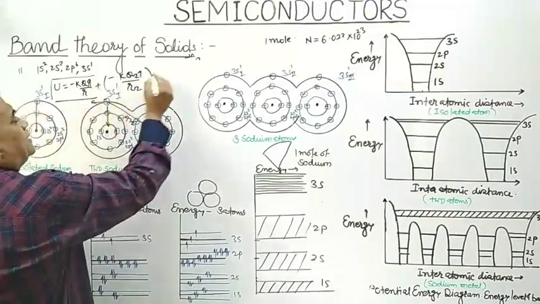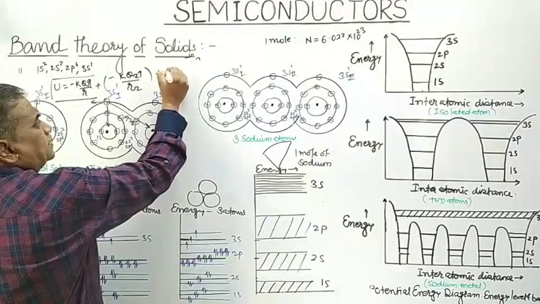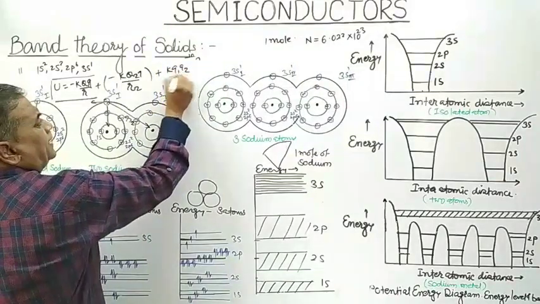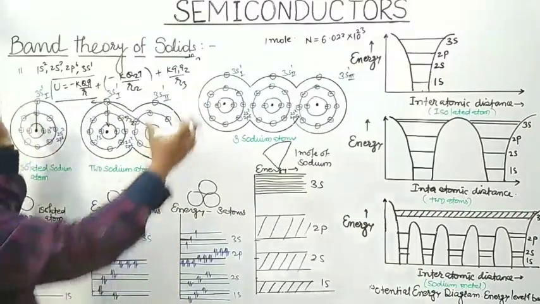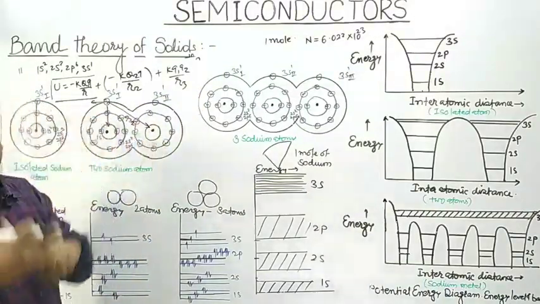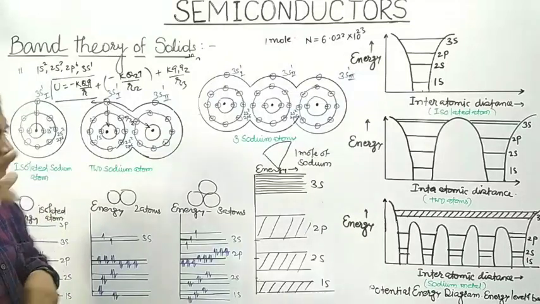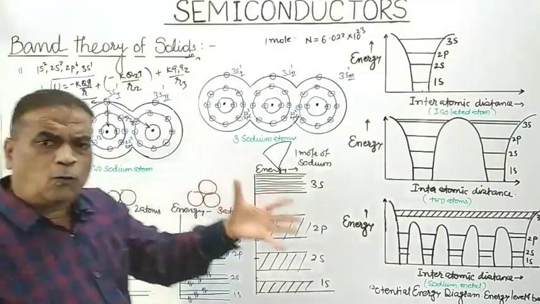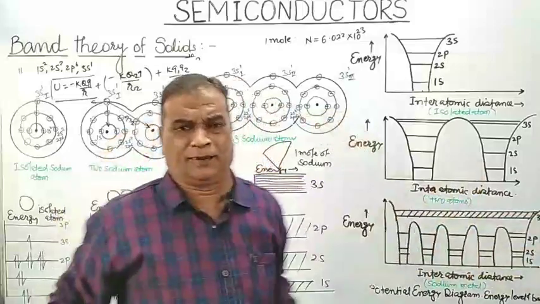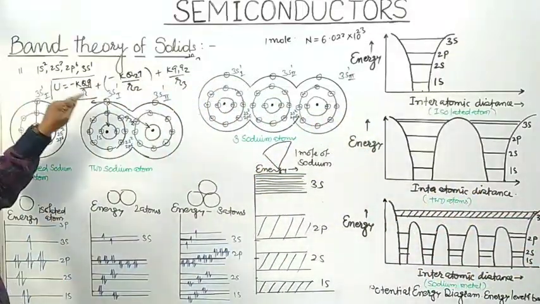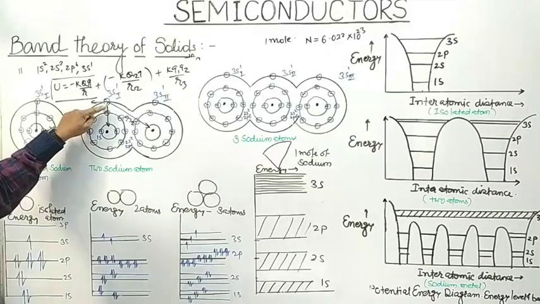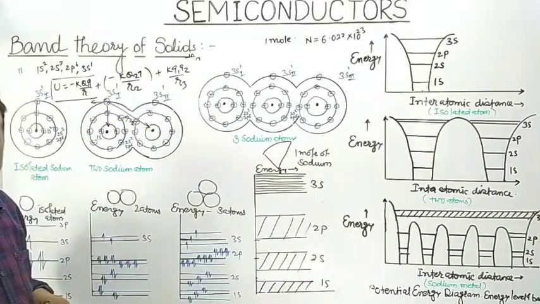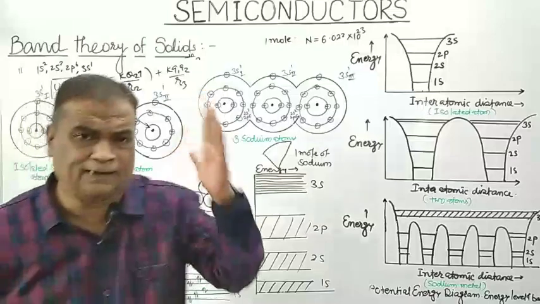Again this electron will exert a force of repulsion, so this is kq1q2 divided by r3. So there is an addition of potential energy. It may be added or it may be subtracted. So remember, whenever two atoms come close to each other, the potential energy of the electrons in the outermost orbit will change slightly.